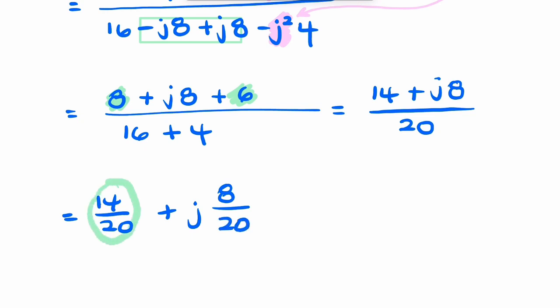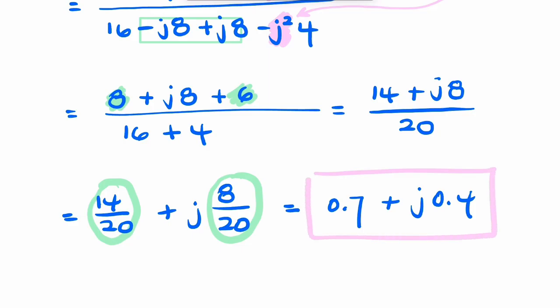Again, 14 over 20 and 8 over 20, both of these can be simplified. So 14 over 20 is 7 over 10, which is just 0.7. And 8 over 20 is 4 over 10, which is just 0.4. So j 0.4. So that is your final answer.